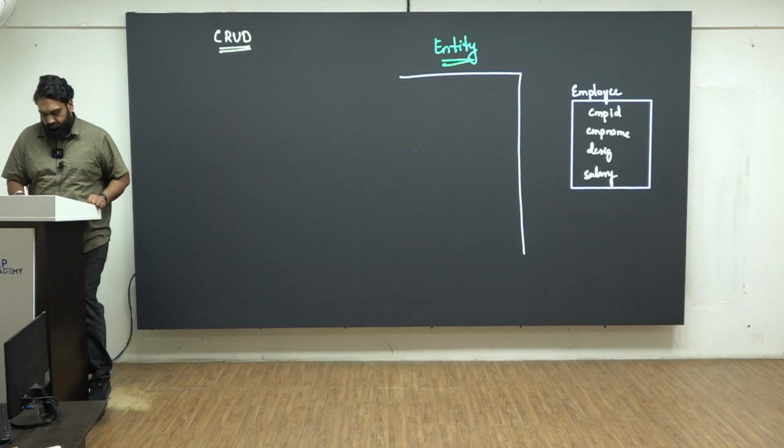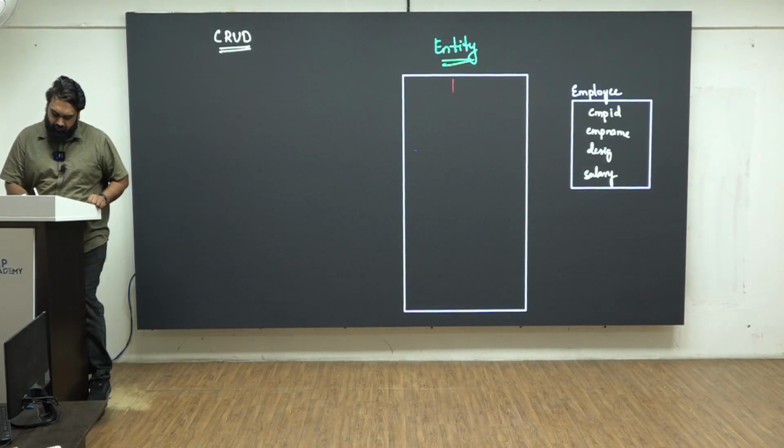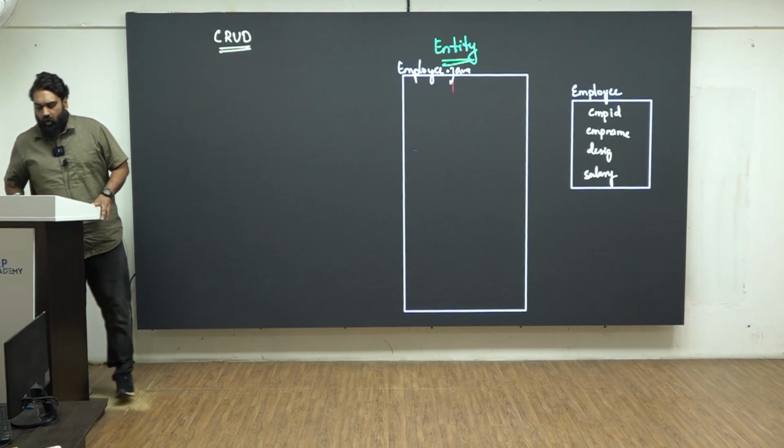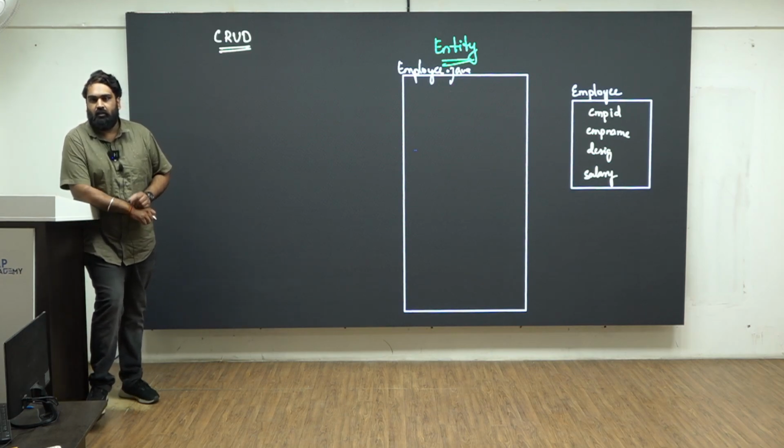So if I have to tell you about this entity class, let me call it employee.java only, the entity class. What will be there in this employee.java class, sir? Employee.java will also have the same details what your Pojo class or model class had.